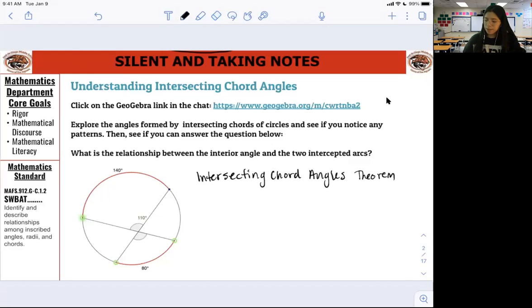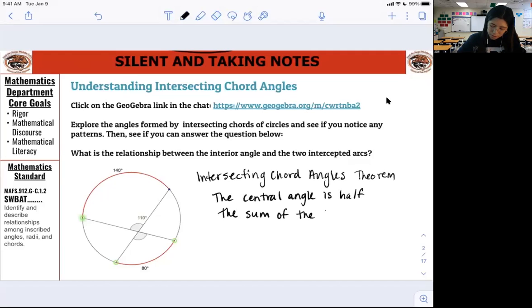So what it's telling me is that the central angle is half the sum of the intersected arcs.